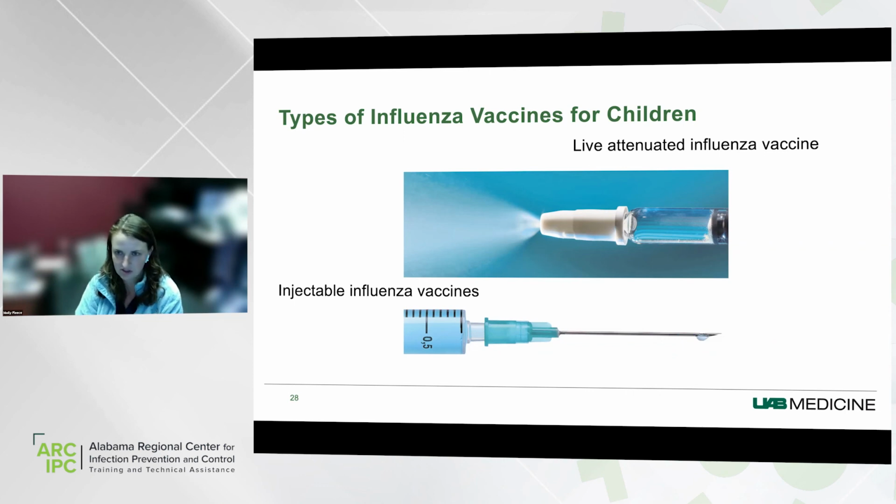And that's just to try and prevent any complications, as well as these children or adults need to not have certain underlying medical conditions. Adults, they can't be pregnant, those types of things. So each year, the injectable vaccines are what you see most commonly, but just knowing that there is an intranasal live attenuated influenza vaccine available out there for kids.